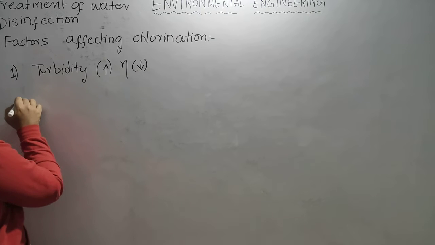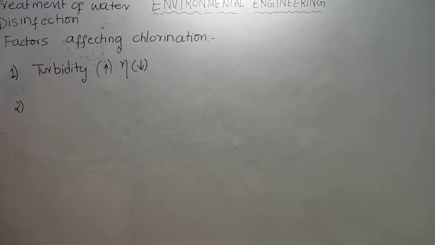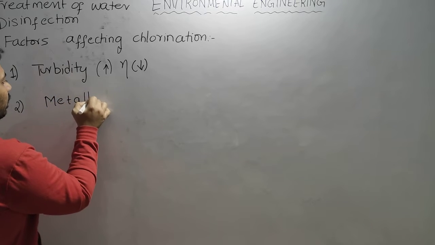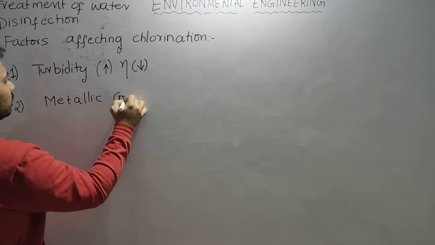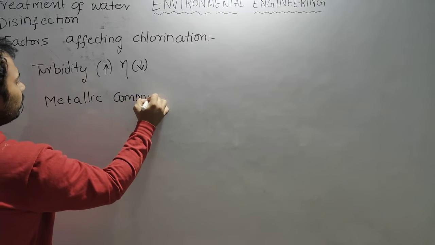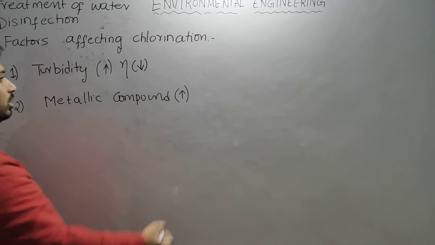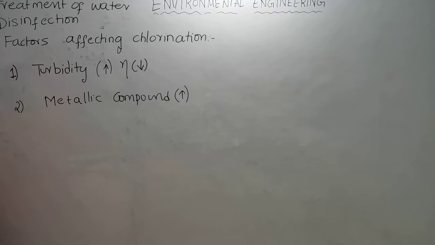And the second property is metallic compounds. If metallic compounds are more, what happens? These metallic compounds also need chlorine, because of which the chlorine is not sufficient for the disinfecting process.